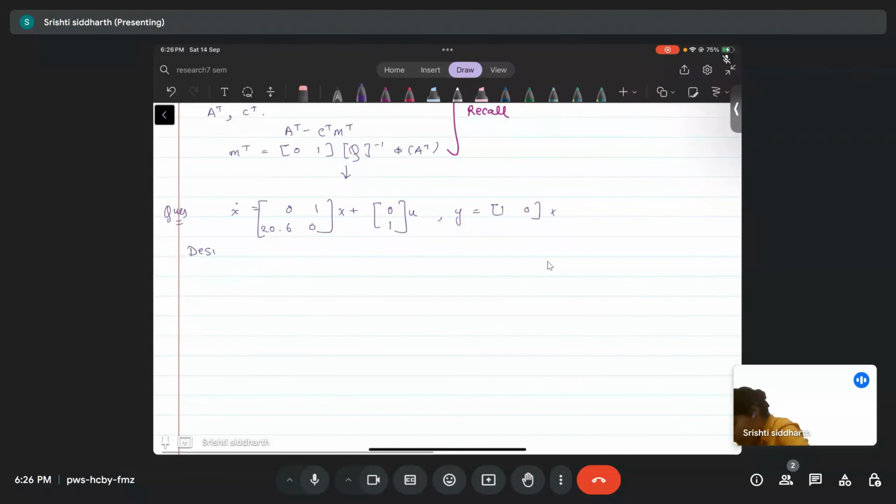The objective is to design a full order, or sometimes known as complete, state observer to estimate the state vector.